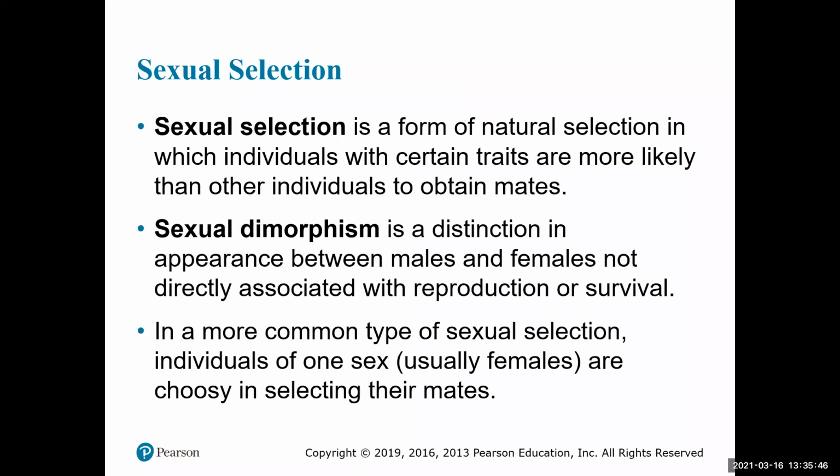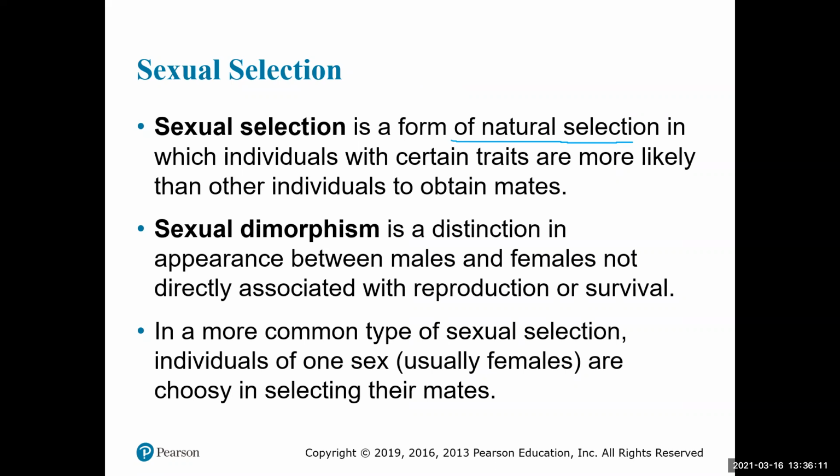And we mentioned sexual selection earlier. Sexual selection is a form of natural selection where certain traits are more likely to be passed on because they're present in the males and they're selected for most often by females, but it can be vice versa. Females can be choosy too, where males will choose the females based off of traits.